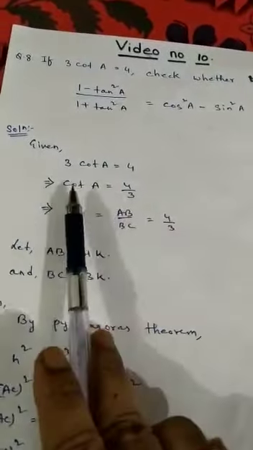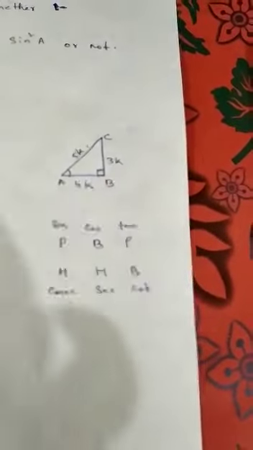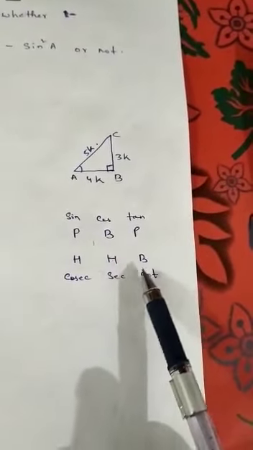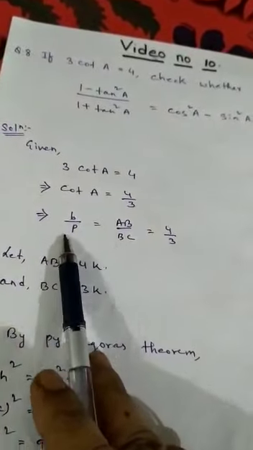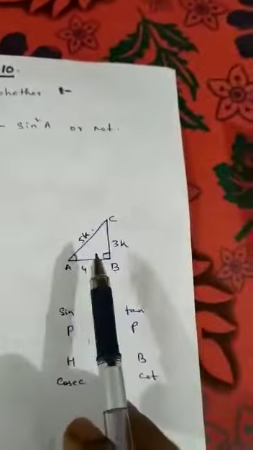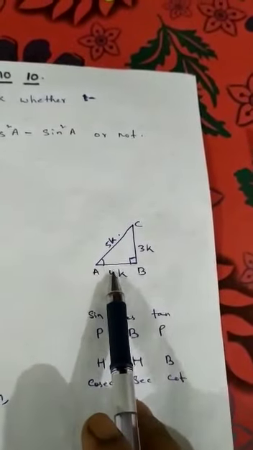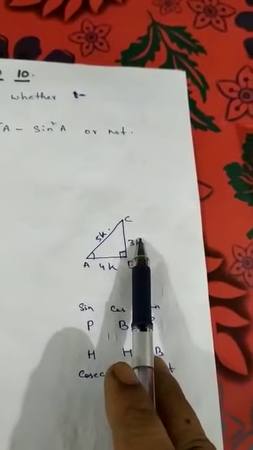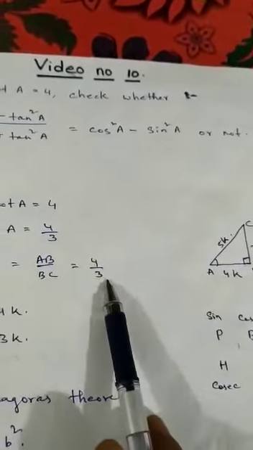Now we know that the formula for cot theta is base by perpendicular. So I have written in place of cot A, base by perpendicular. Now if we assume a right angle triangle where angle A is theta, then this will be base and this will be perpendicular. The ratio of base and perpendicular is given as 4 by 3.